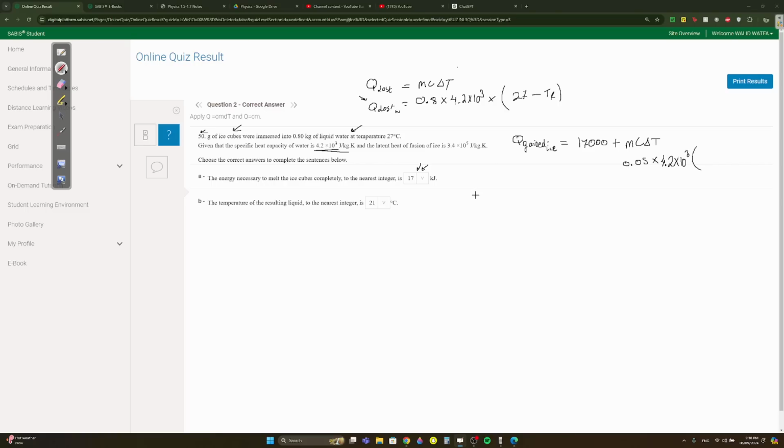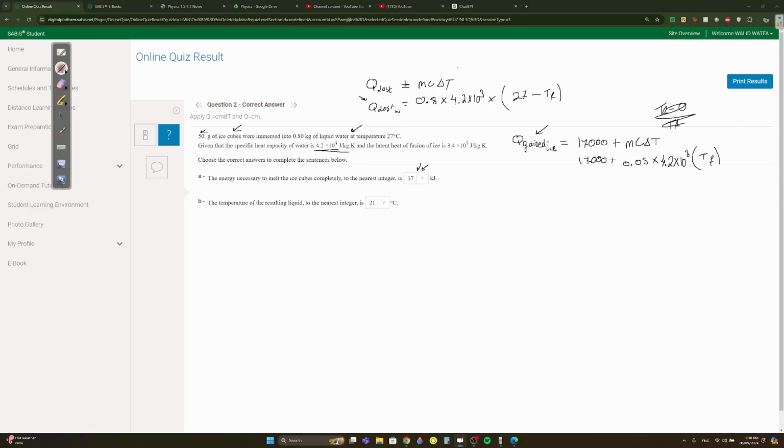Ice was at 0 and it finishes at something. So it doesn't matter, since you're starting at 0, something minus 0 is the same as that same thing. So you can just say temperature final, because anything minus 0 is the same. Okay, so 17,000 plus this.